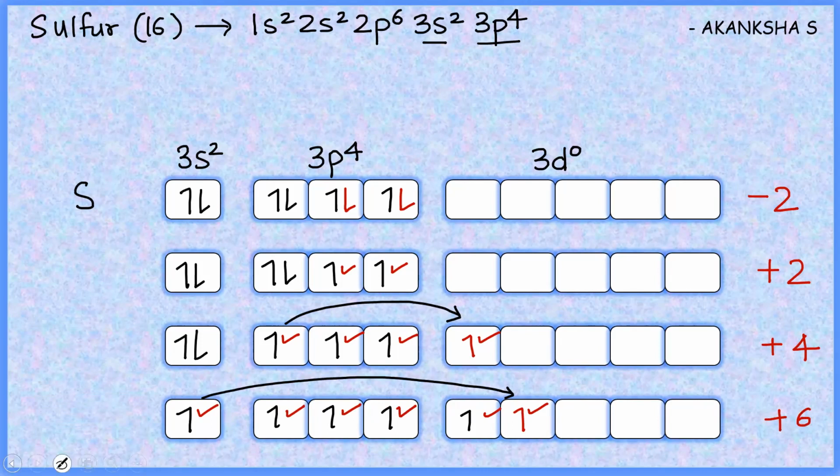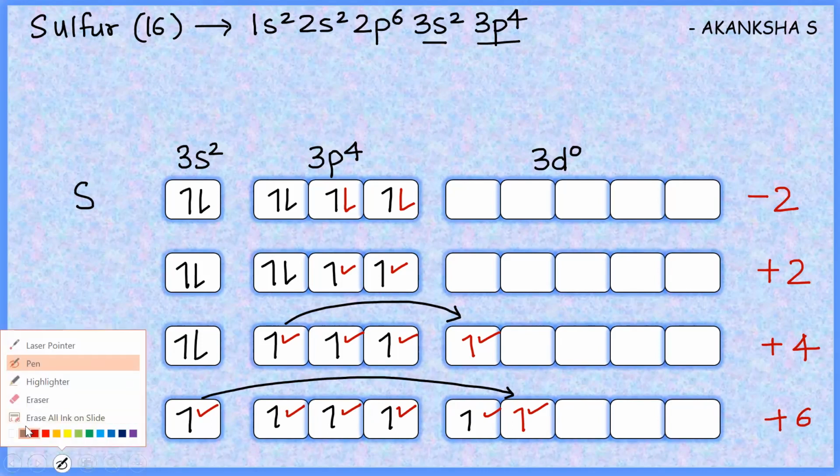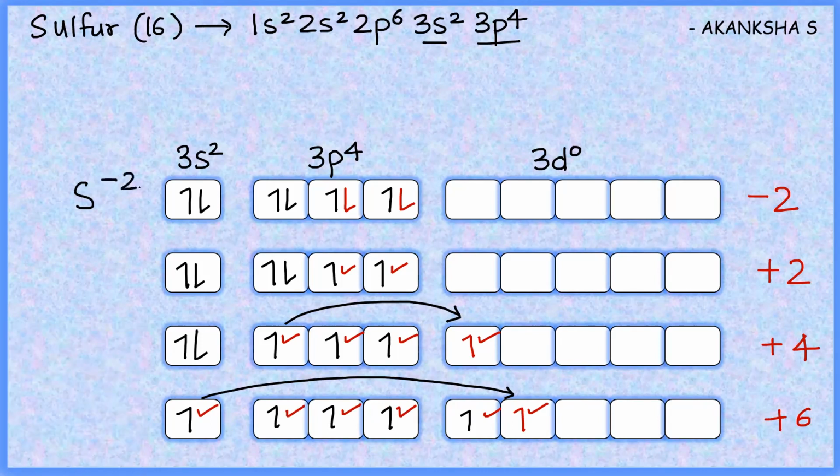So how many oxidation states are we seeing for sulfur? For sulfur, we are seeing 4 prominent: S2 minus, S2 plus, S4 plus, S6 plus. If you have learnt about the oxoacids of sulfur, where you can see 6 bonds attached to the sulfur atom, now you'll understand why 6 bonds are attached, because there is a +6 parameter for it, right?